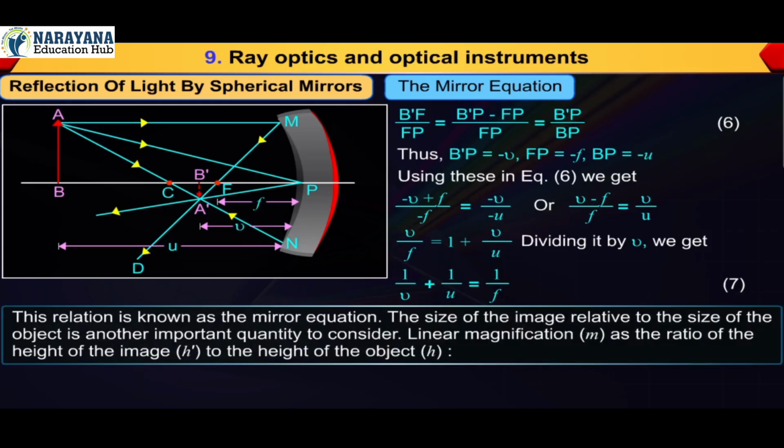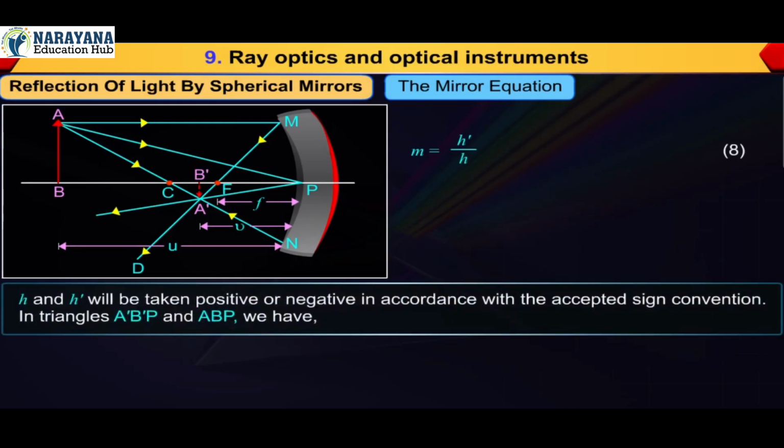The size of the image relative to the size of the object is another important quantity to consider. Linear magnification m is defined as the ratio of the height of the image h' to the height of the object h. m is equal to h' upon h. Equation 8. h and h' will be taken positive or negative in accordance with the accepted sign convention.